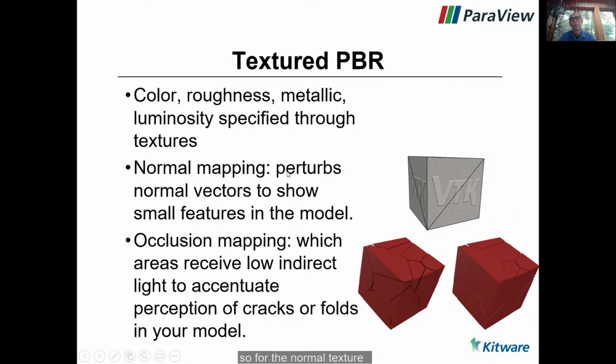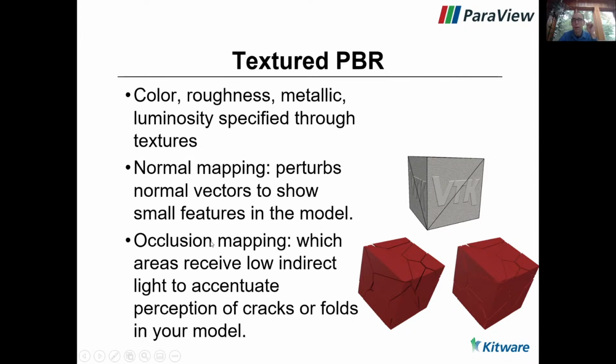The normal texture perturbs the normal vectors to show more features in the model that are not specified using triangles. So you see this roughness in this cube and also the writing. This is just a regular 6-faced cube, but you see all these features that are not specified with triangles.